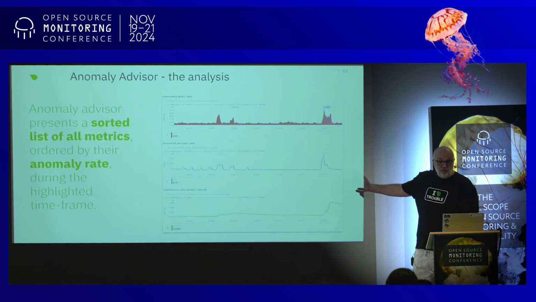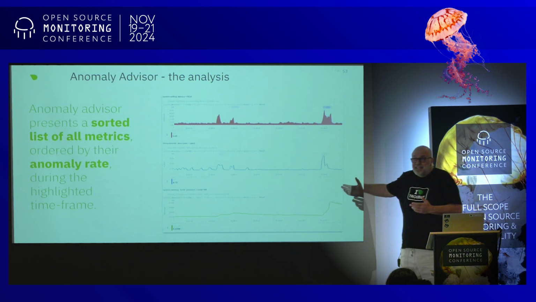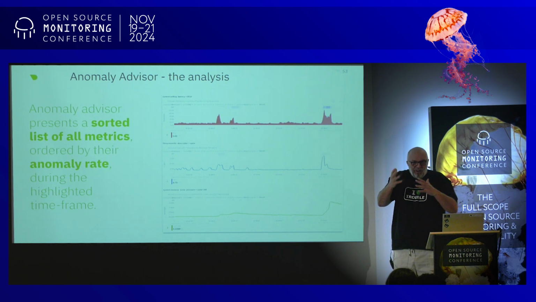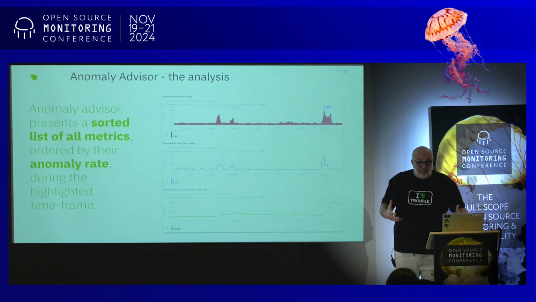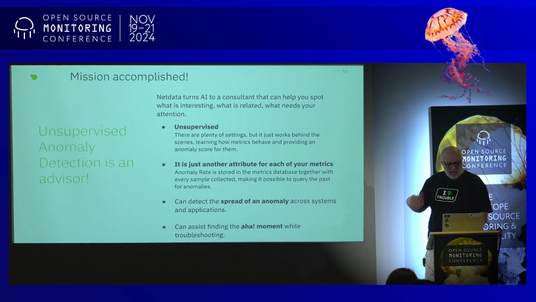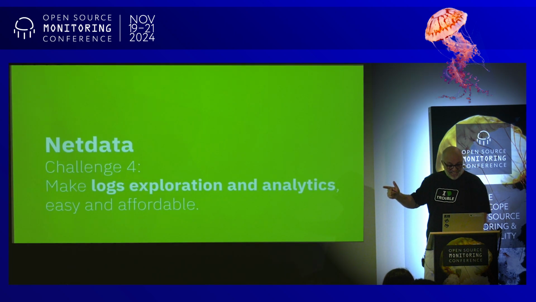And this is amazing for root cause analysis because it correlates anything across anything if they have similar anomaly patterns. Even if you don't know that something is correlated, it will find it. So it's totally unsupervised.